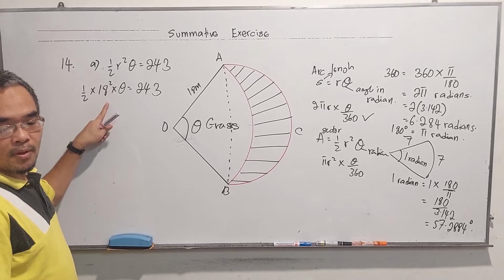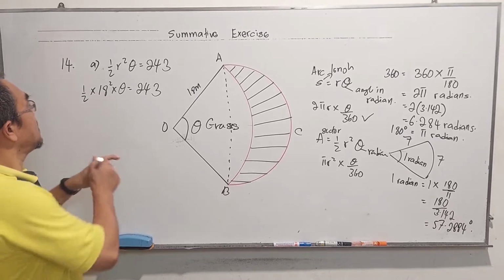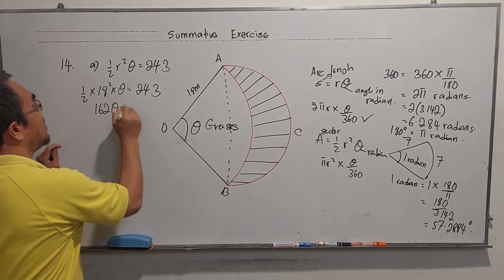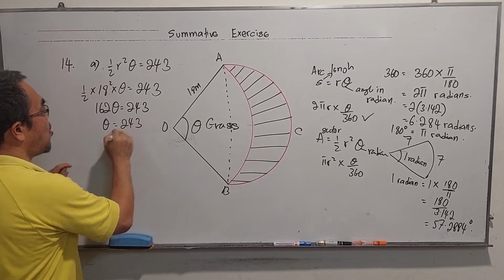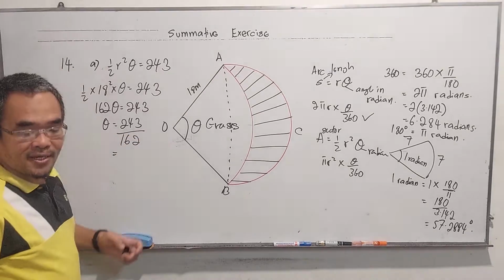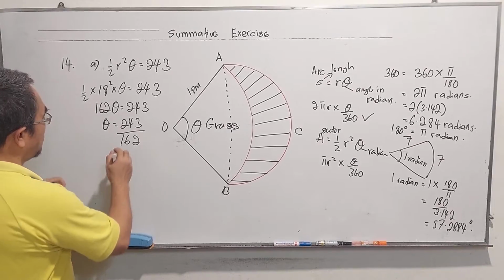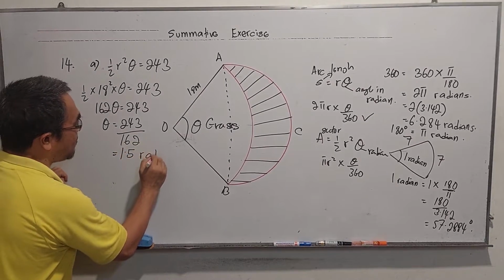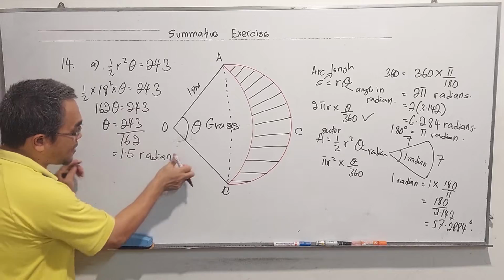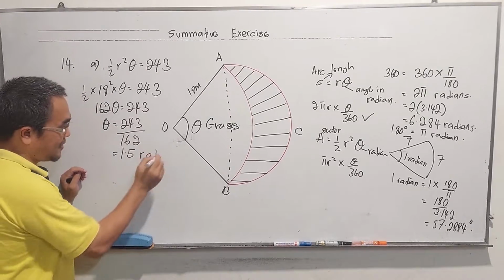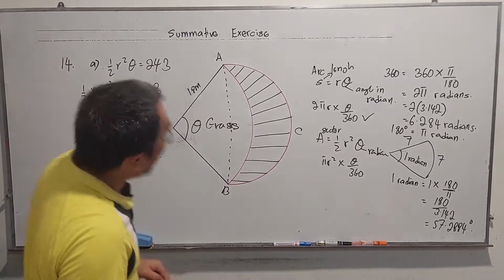Help me. 162. So 162 theta is 243, and theta will be 243 over 162. Help me simplify this. 1.5. So it's 1.5 radian. Usually we just use rad as the shorter form, 1.5 rad.